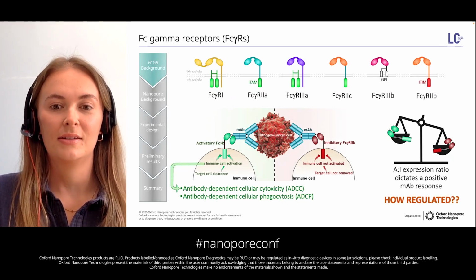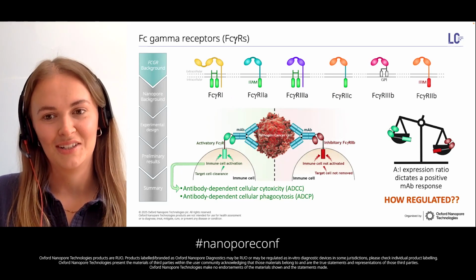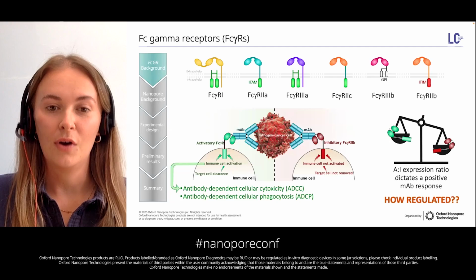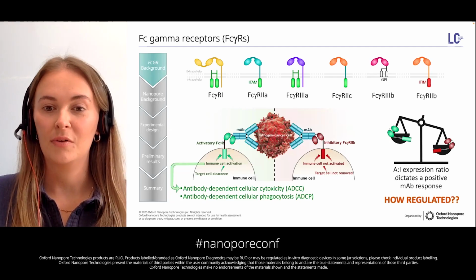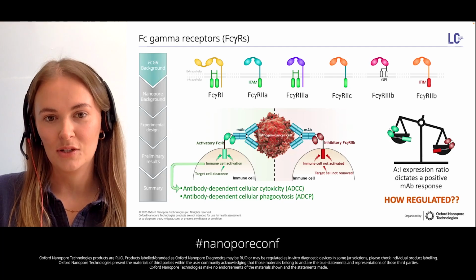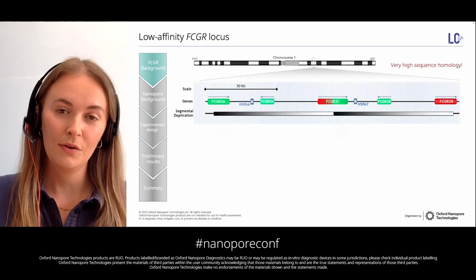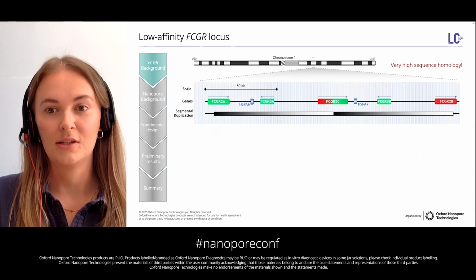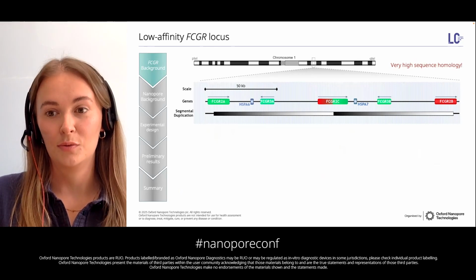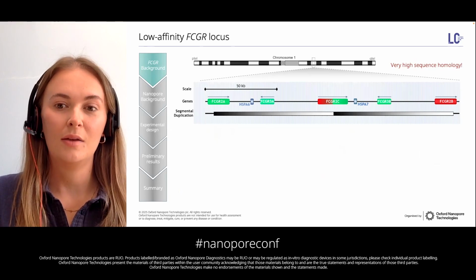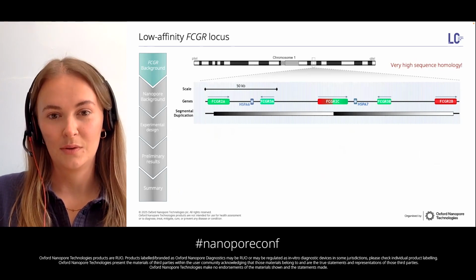So we want to investigate what regulates their expression, both in normal and malignant settings. But any sort of omic study into the low affinity FcγR receptor locus is severely confounded by the inherent complexities of the region. The low affinity FcγR receptor locus lies within a 200 kilobase region that contains a large segmental duplication with extremely high sequence homology, where these two shaded bars share nearly exactly the same sequence.